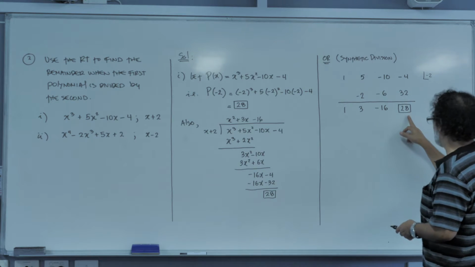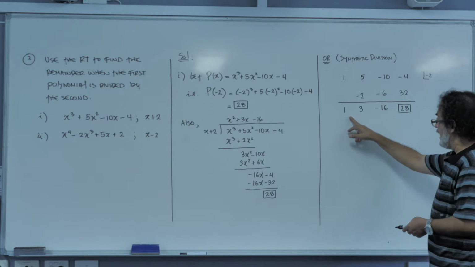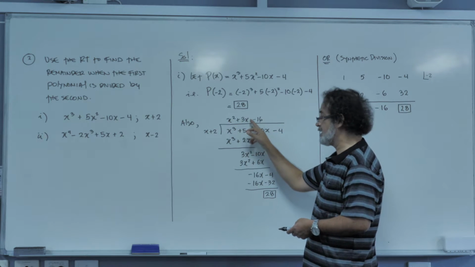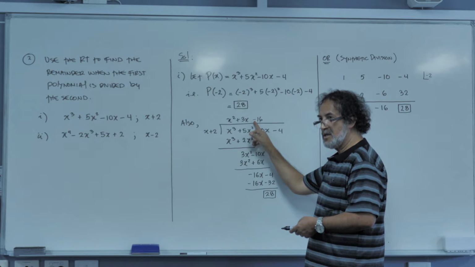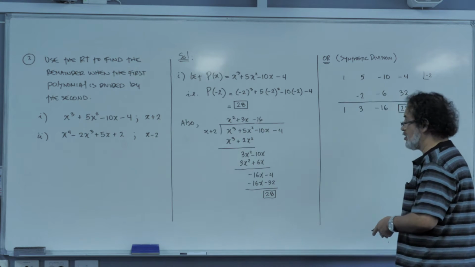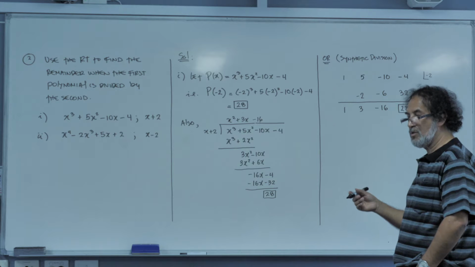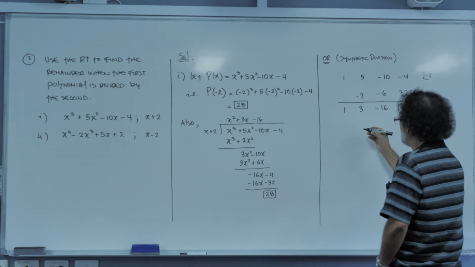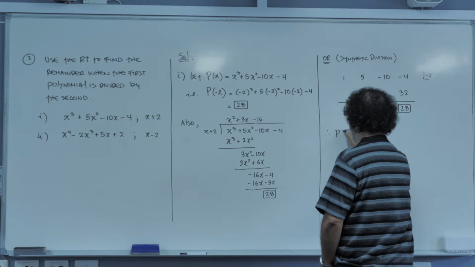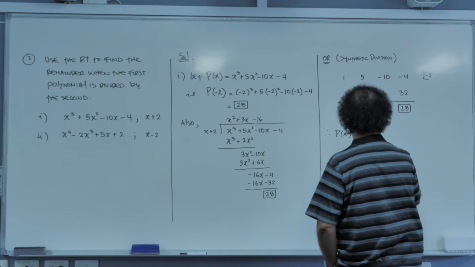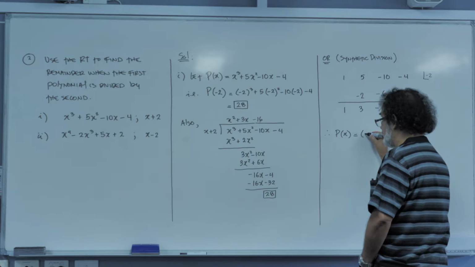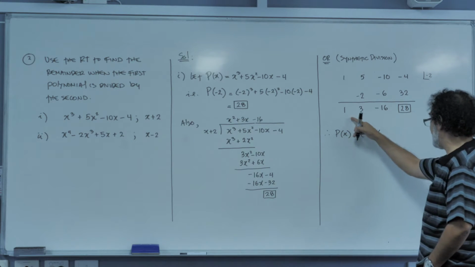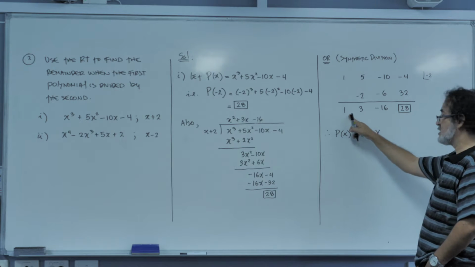But the other good thing about this is that in here, have a look. Here we have 1, 3, negative 16, and here we go 1, 3, negative 16. Can you see it? So it will give you in one go the result of the division, including the remainder. So that means that you can say, therefore, P of x is going to be equal to the divisor, which was x plus 2, multiplied by the quotient, which is the result.